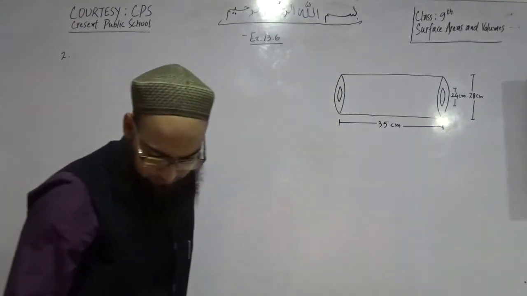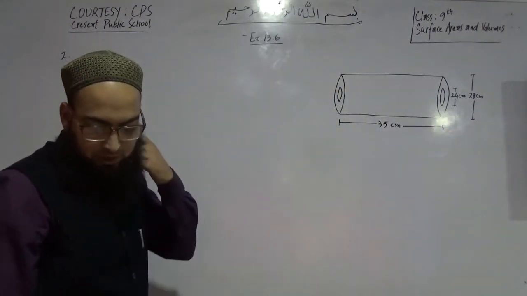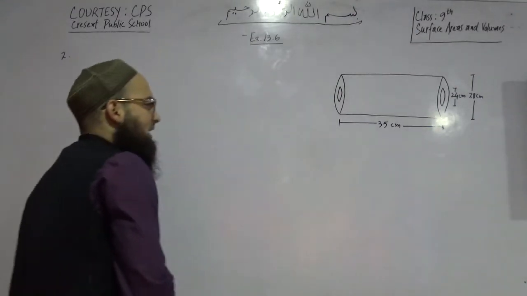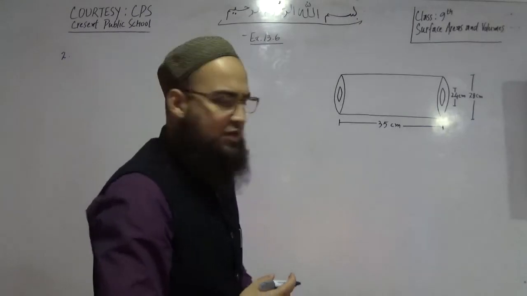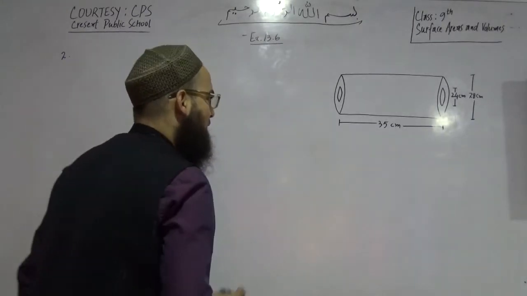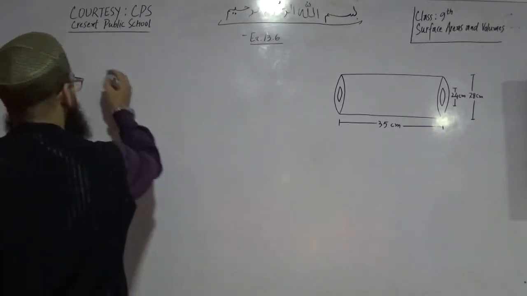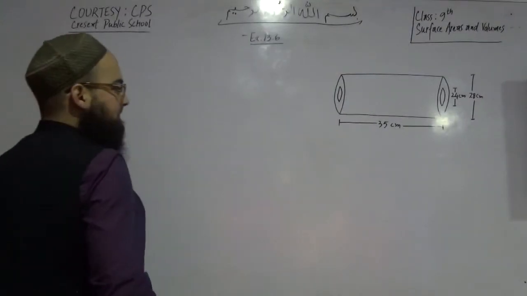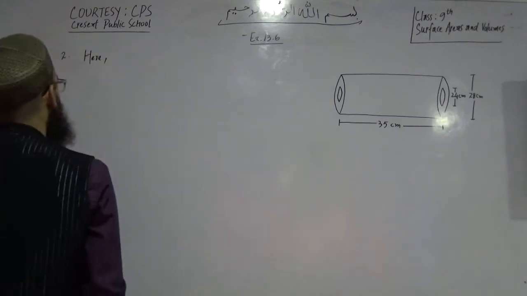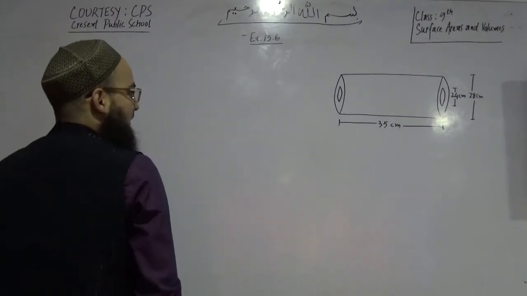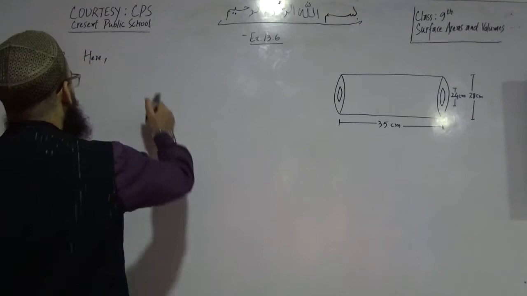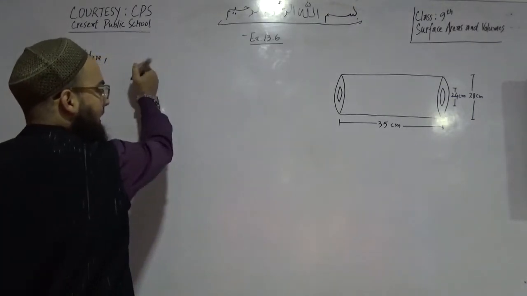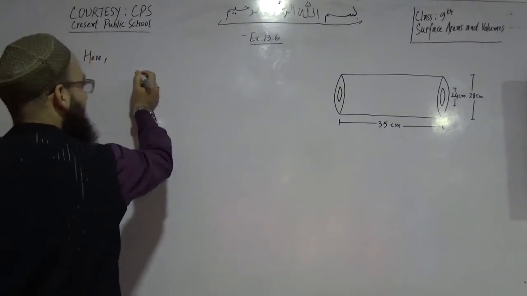Find the mass of the pipe if 1 cubic centimeter of wood has a mass of 0.6 gram. Let's see. That means we need to deal with the volume first. Let us find the volume of this wooden pipe. Here, inner diameter and outer diameter.